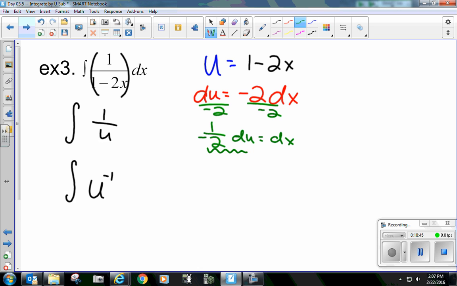This is what's going in for dx, times negative 1/2 du. And my constant can go out front, can't it? Now it is a million times easier to do.